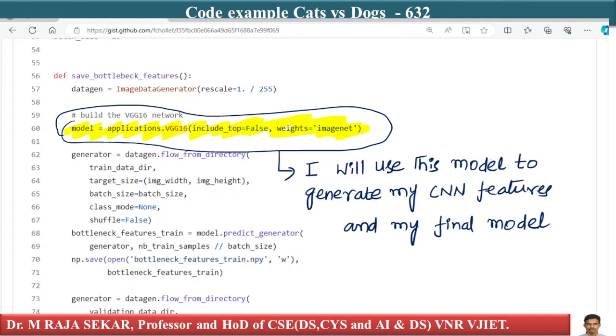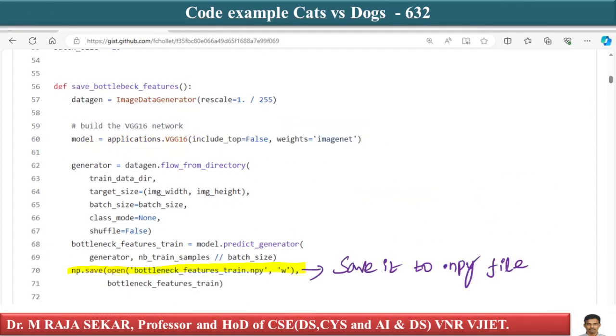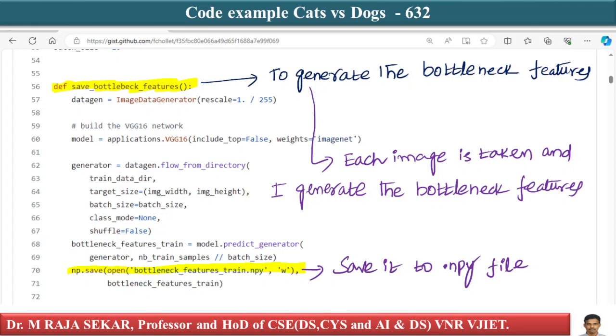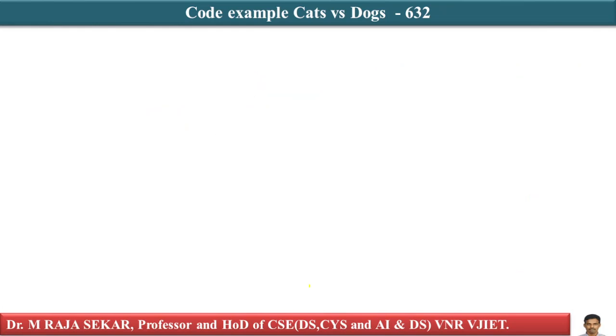One is save_bottleneck_features, where each image is taken, and I generate the bottleneck features and save them to a .npy file.